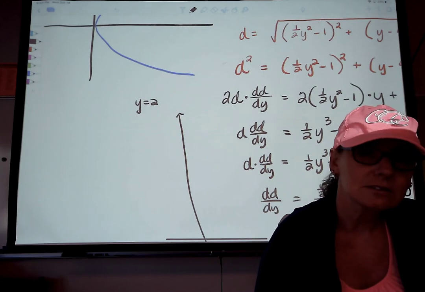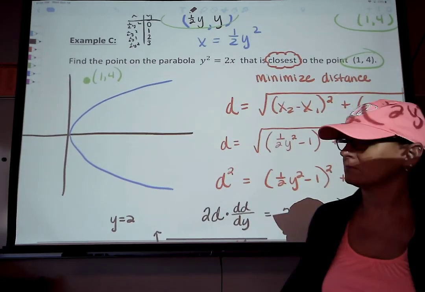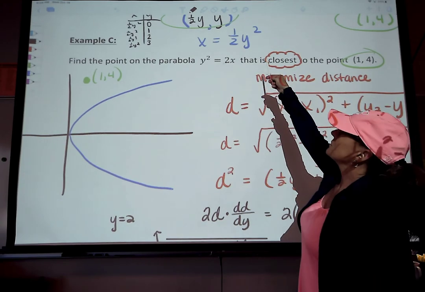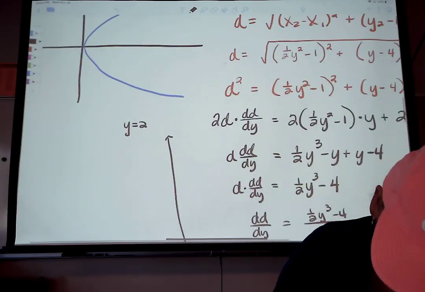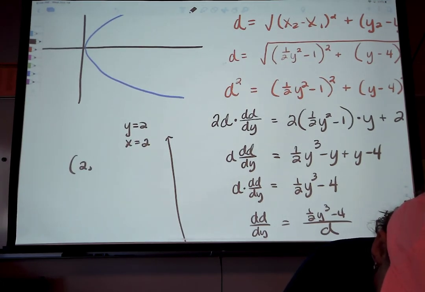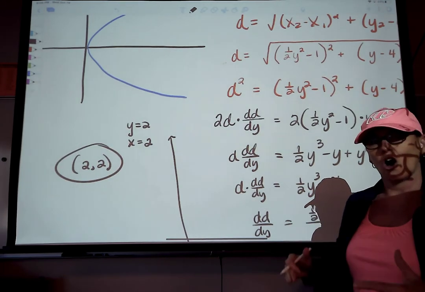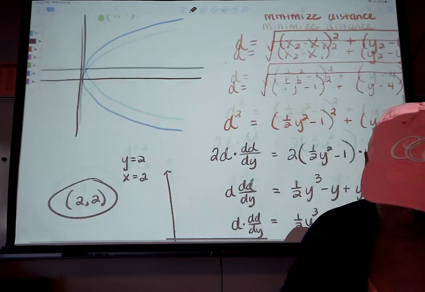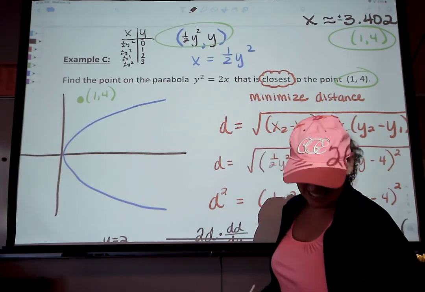So what's x? Well, square it, multiply by 1/2. That's the point on the parabola. How do I know it's on the parabola? Because I plugged it into the parabola equation. It's on the parabola.